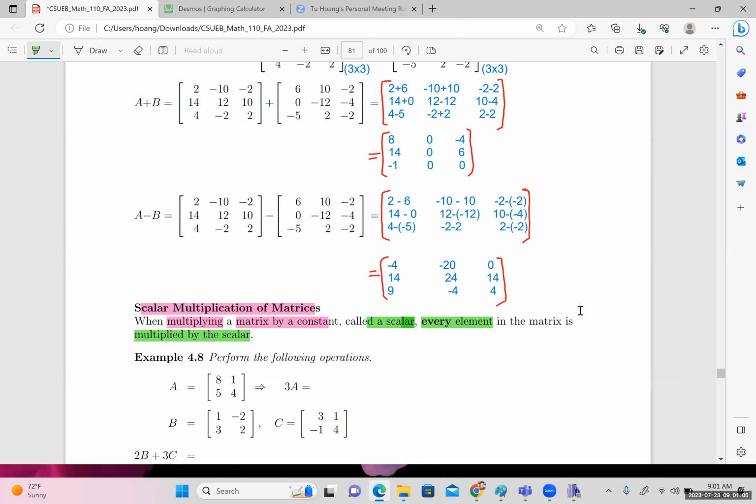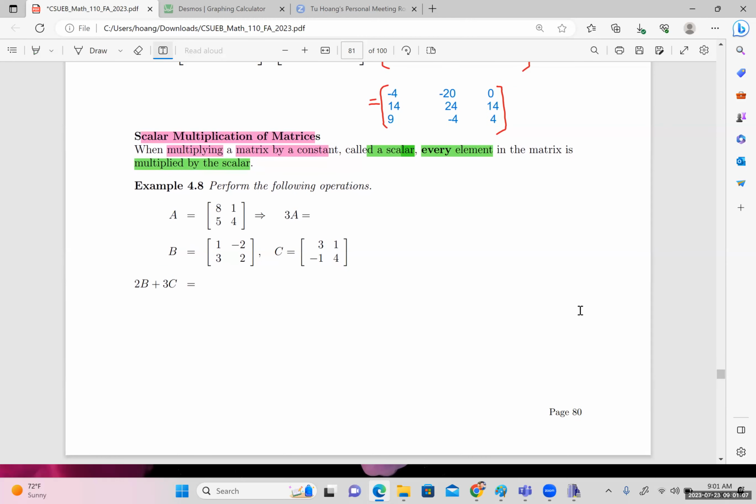So for example, 3A will give you 3 times 8 for the first element, 3 times 1 for the second one, 3 times 5, second row, 3 times 4, right? So that's gonna be simplified.